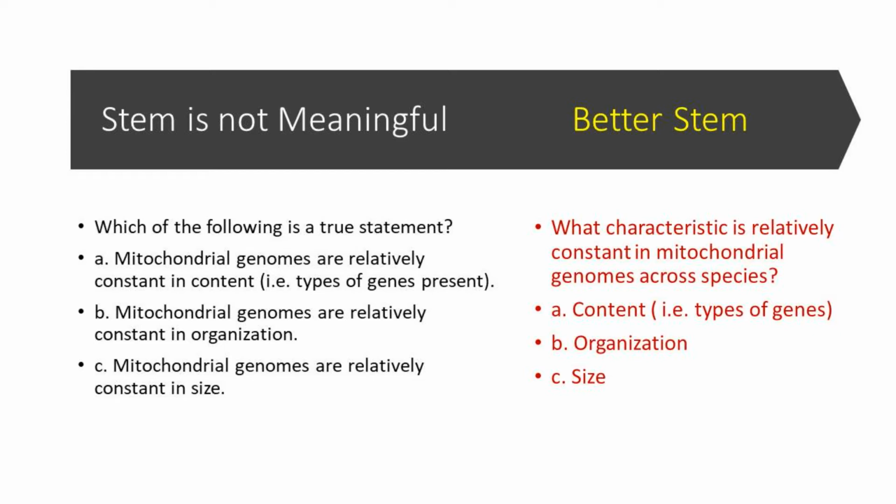But the same example can be modified in a better way and the stem can be effectively constructed in the following manner. You can see the stem is now written as: what characteristic is relatively constant in mitochondrial genomes across species? And you can see the options A, B and C are given in a very specific and concise manner.